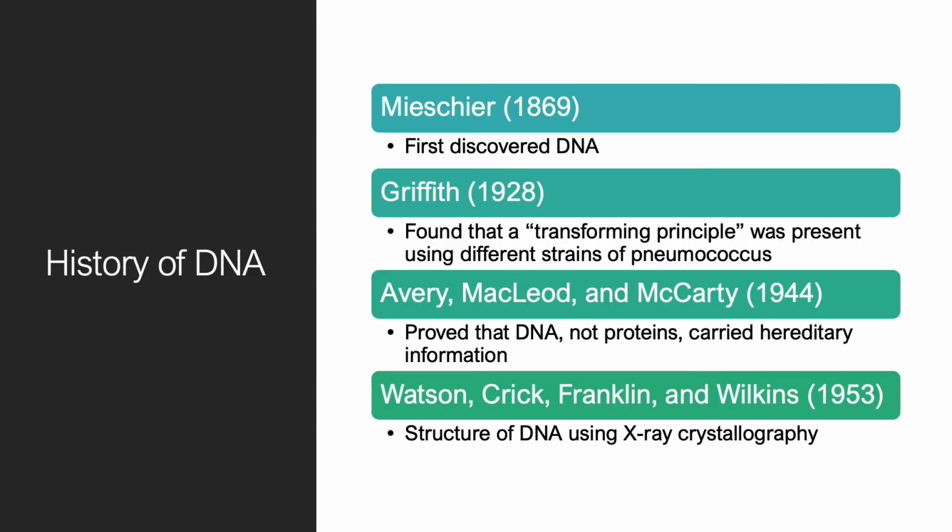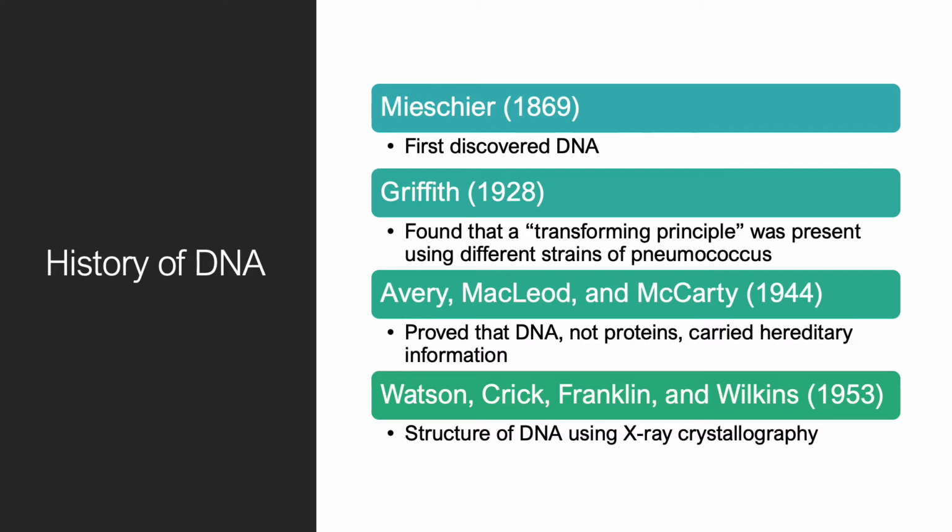So now we're going to be discussing a brief history of DNA. Meister back in 1869 discovered it, however little was known of its significance at the time. Later on, Griffith found that there was something called a transforming principle by injecting different groups of mice with either the dead or live strains of either virulent or non-virulent bacteria.